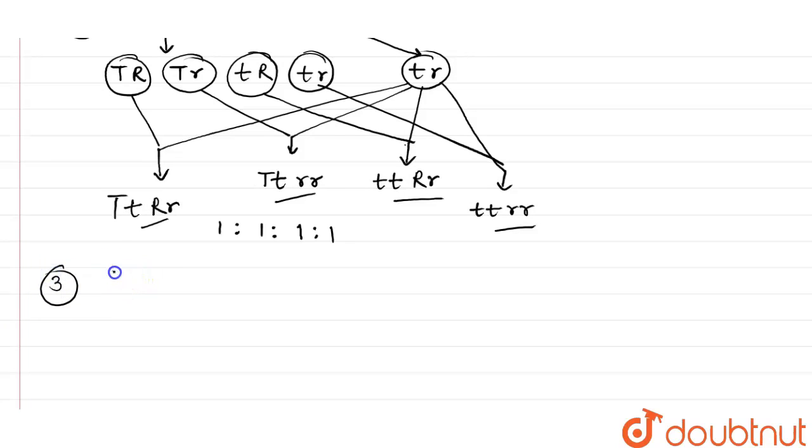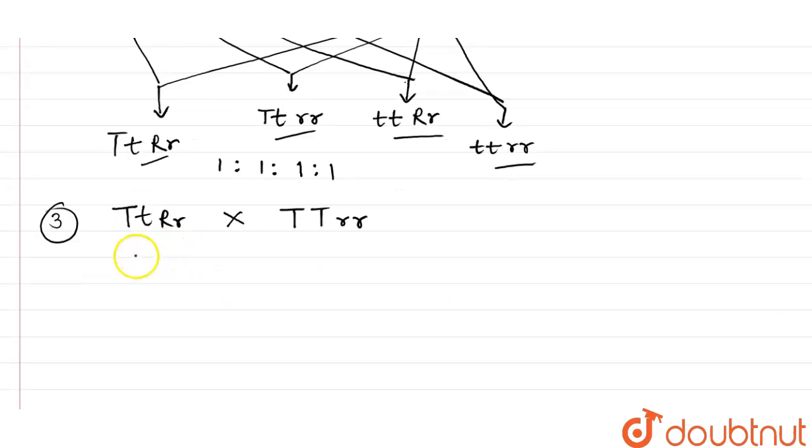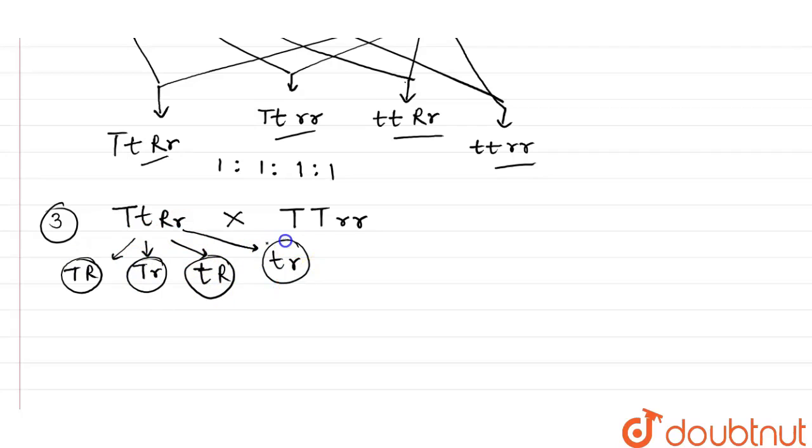So here the gametes that will be formed will be tall and round, tall and wrinkled, dwarf and round, and dwarf and wrinkled. And from the other parent the gametes will be tall and wrinkled.